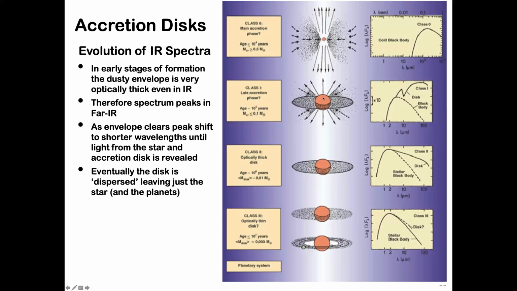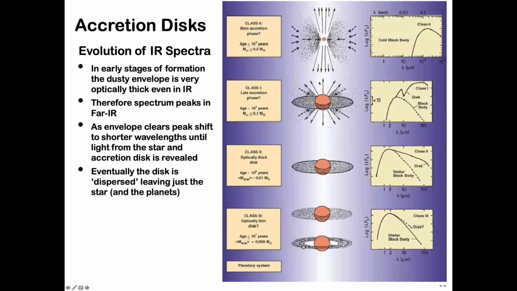But with time, you have, of course, a protostar that has also outflows, as we will see a few minutes later. It will start to dissipate this surrounding core. So you start to see more and more toward the center, and your SED becomes skewed toward shorter and shorter wavelength.